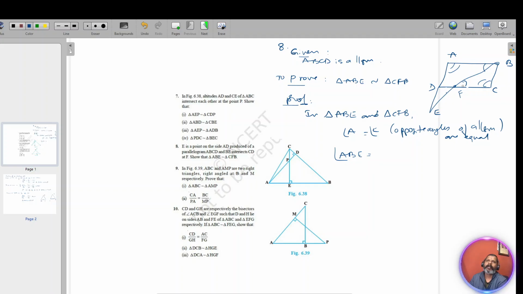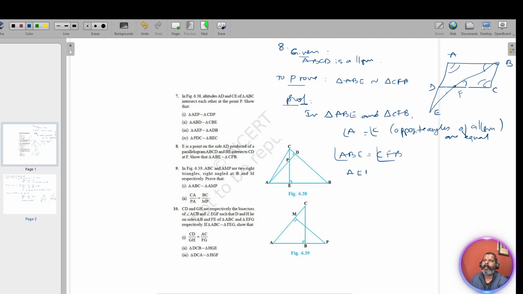So ABE equal to CFB, since AB is parallel to DC. There is one more alternate angle if you observe that. Because AD and BC are also parallel, I can take AEB and CBF, right?